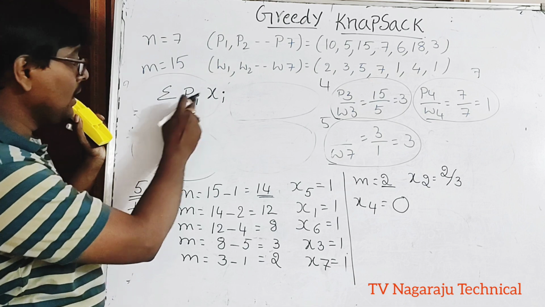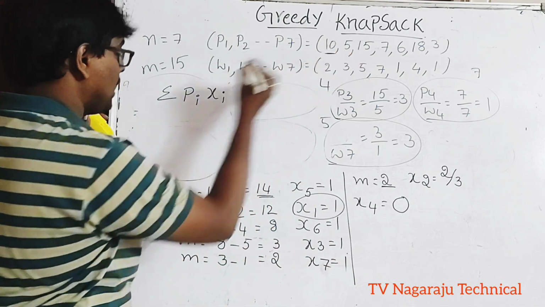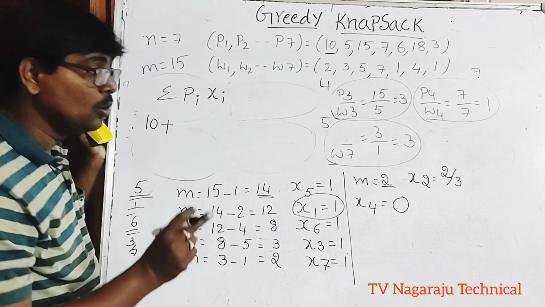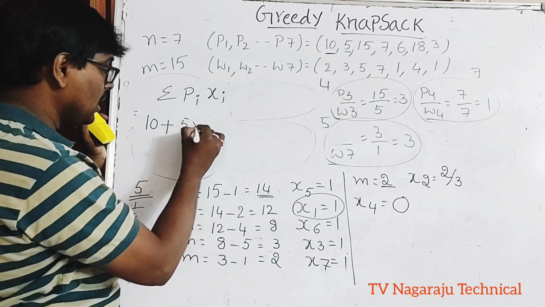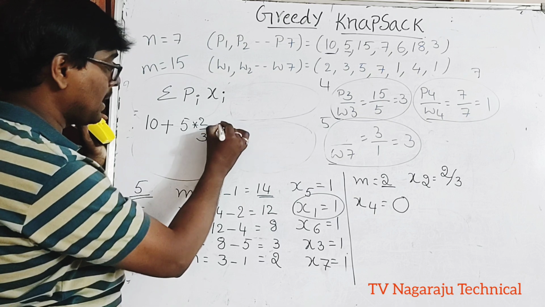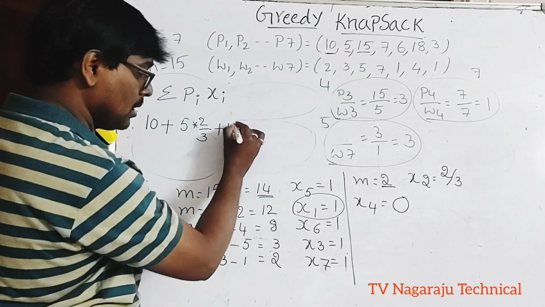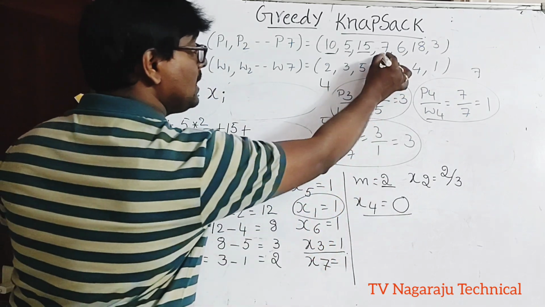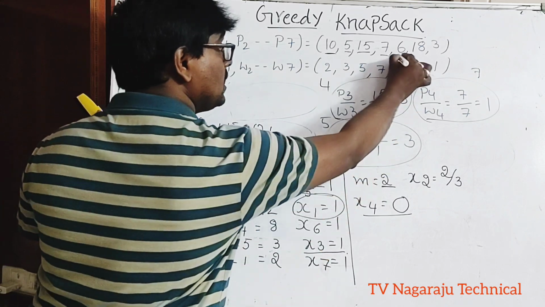First P1 into X1. X1 is completely placed, my P1 is 10. 10 into 1, 10. Plus P2 into X2. What is P2? 5 into, what is x2? 2 by 3. Plus P3, the complete object is placed. P4, the object is not placed at all. P5, the complete object, that is the total profit.